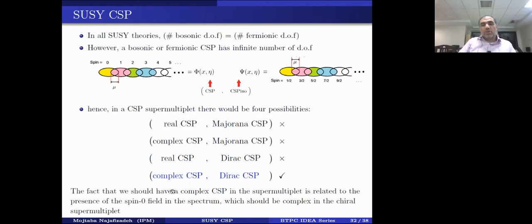The fact that we should have a complex CSP in the supermultiplet is related to the presence of the spin 0, as you see in this spectrum. For the bosonic CSP, we had spin 0, which should be complex in the chiral supermultiplet. This is why we should have a complex CSP here.